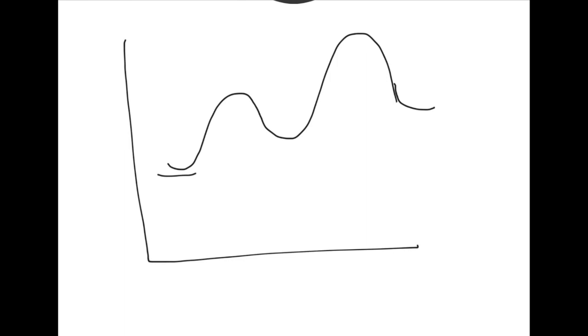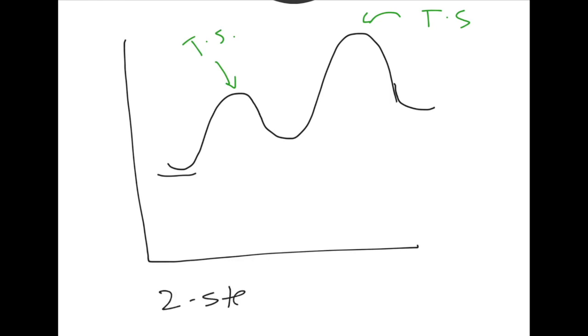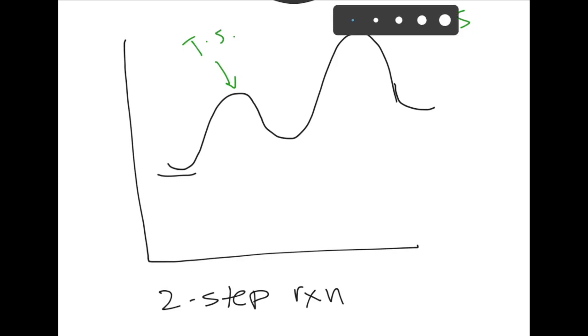All right. How many steps is this reaction? 2 steps, because there are 2 transition states. So I've got a transition state here and here. So the reaction is 2 steps. I have the intermediate here.